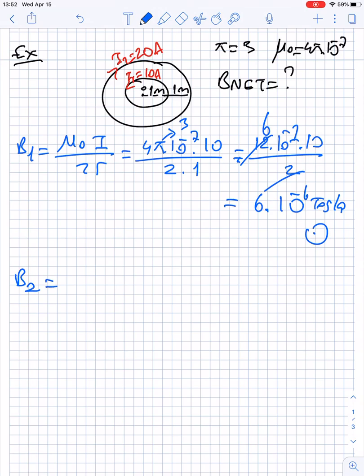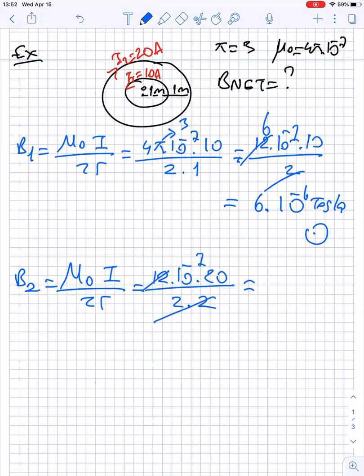And B2 for the second circular loop, I have to use the same formula, mu 0 I over 2R, and shortly I will write 12 times 10 to the minus 7, this is mu 0, and I2 20 ampere over 2 times, and for the second circular loop the radius is 2 meters.